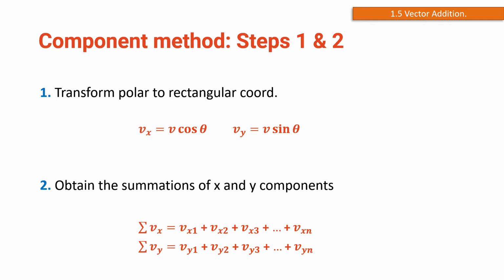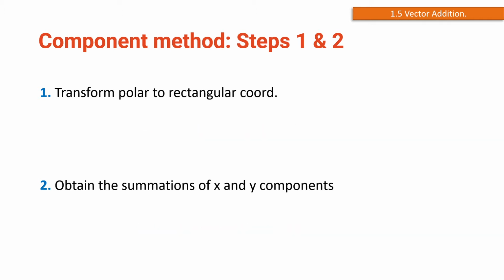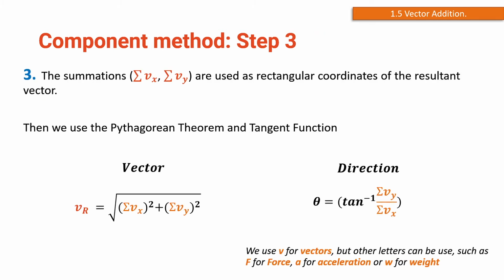Step number 3 is that you need to consider the summations of the x component and y component of the vectors, and use them as rectangular coordinates of the resultant vector.